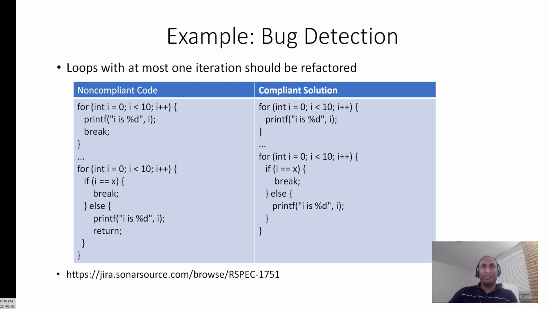Let's just straight dive into an example. Here is an example of a non-compliant code detected by SonarQube, where we can see SonarQube identifies a for loop where it identifies a break statement should be removed, and it displays a suggestion for the compliant solution because it thinks that in the presence of the break statement there is no point and no reason to have the iteration, because iteration will not work at all.